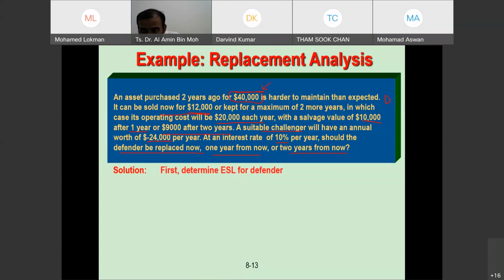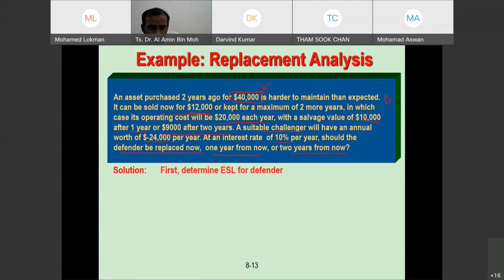How about others? Where are we going to use this 40,000? Aswan, are you there? Or anyone else?